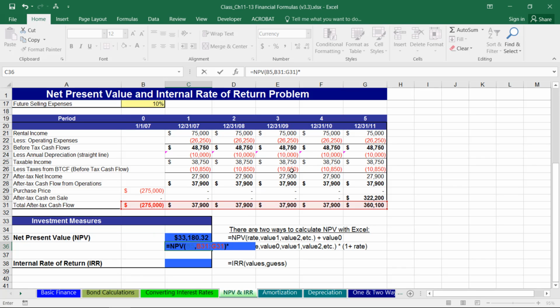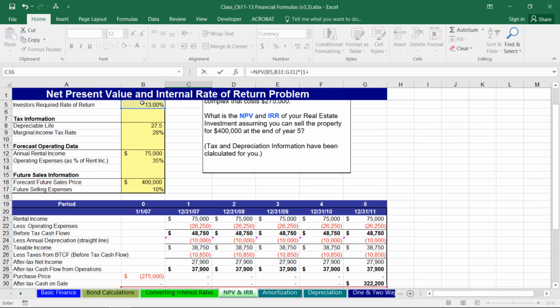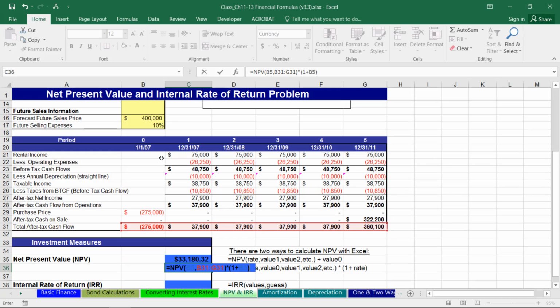And then we adjust it times 1 plus, again, that cost of capital. Why do we do that? That's right, we need to move everything back one period. So it shifts everything back one period, and when we put that in, we're going to get exactly the same net present value. So either method works, but we need to remember to make that adjustment.